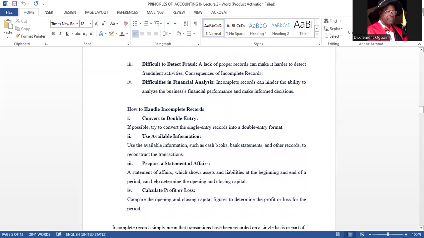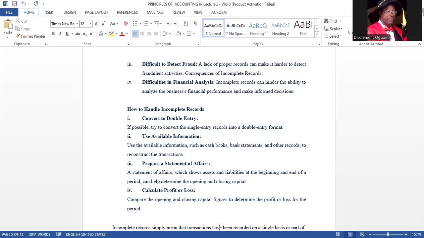Then, because of incomplete record, it will also be difficult to prepare what we call analysis of financial statement. Analysis like current ratio, which is the current asset over current liability, it will be difficult to prepare. Profitability ratio, which is the net profit over sales times 100 over 1, it will be difficult to prepare. It will be difficult to determine the equity and debt.